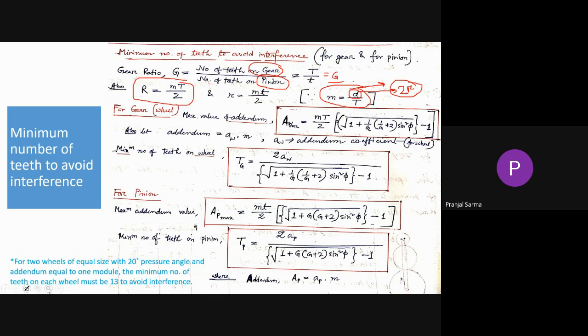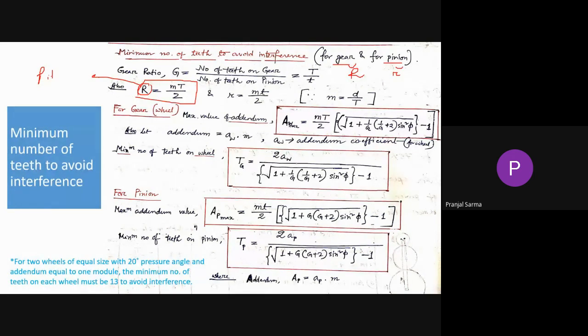Now, as we are saying, there are two gears, one is the gear and one is the pinion. This is the bigger one, this is the smaller one. So for the nomenclature of denoting them, we are using capital letters for the gear and small letters for the pinion. All these radii or diameters are with respect to the pitch circle.